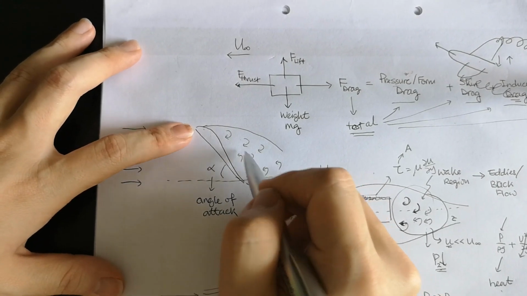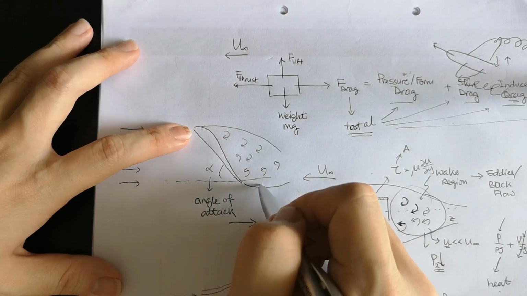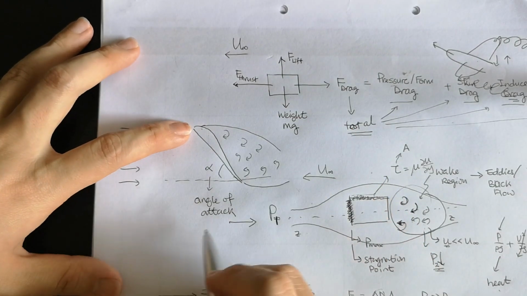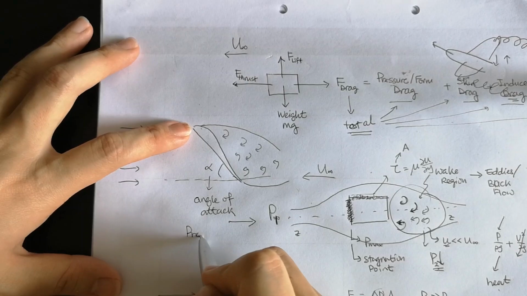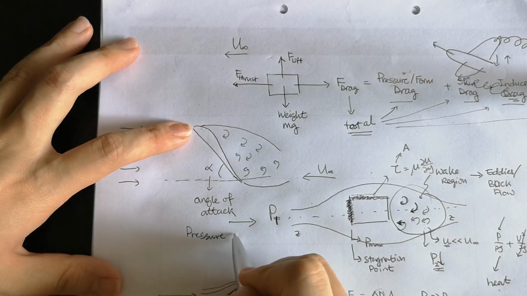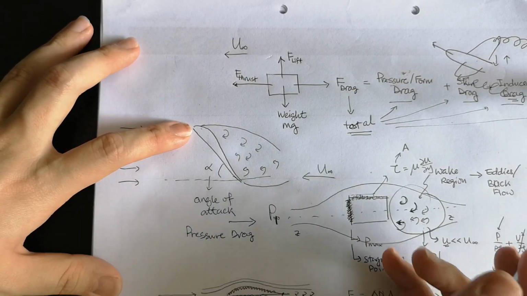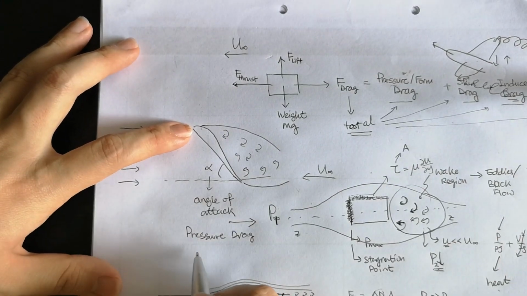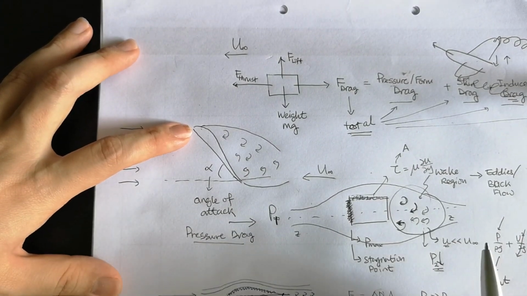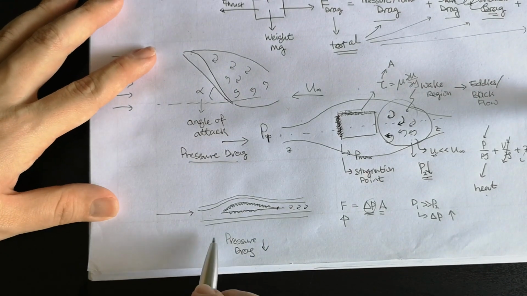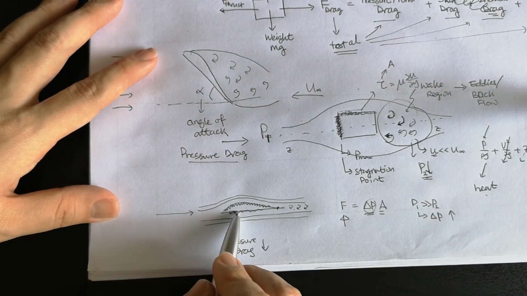Therefore, when the separation region is bigger, the dominant drag force is pressure drag. In other words, for a thick object, the dominant drag force is pressure drag. For a thin object, the dominant drag force is skin drag.